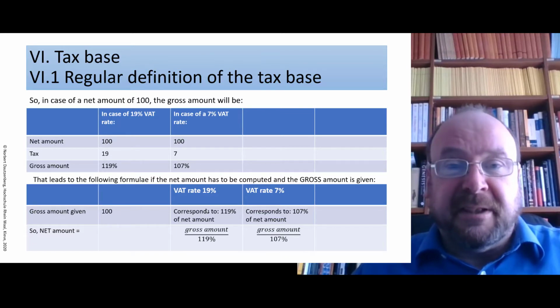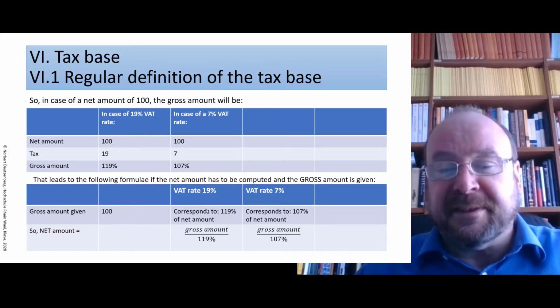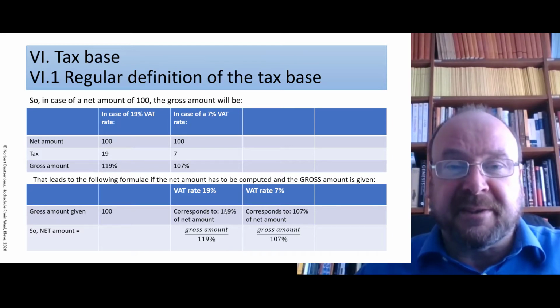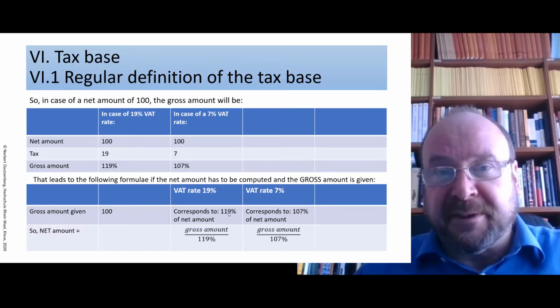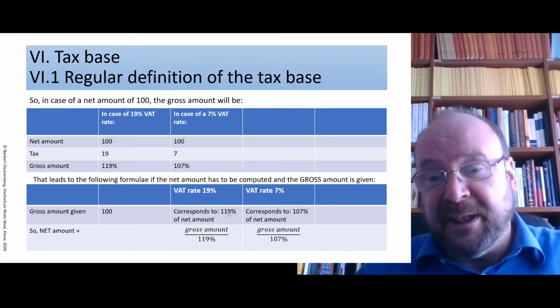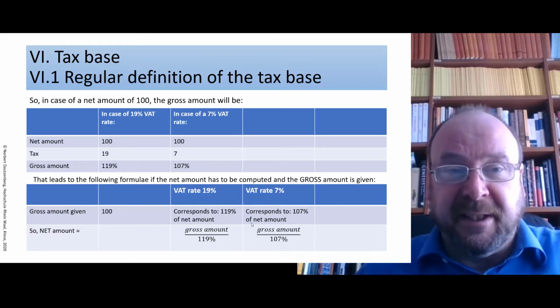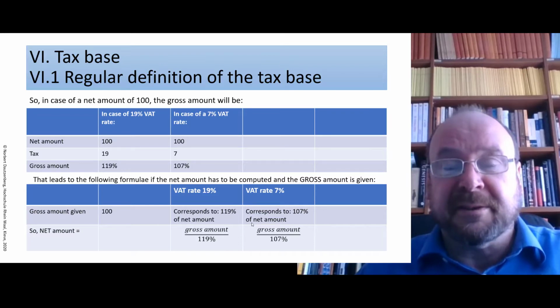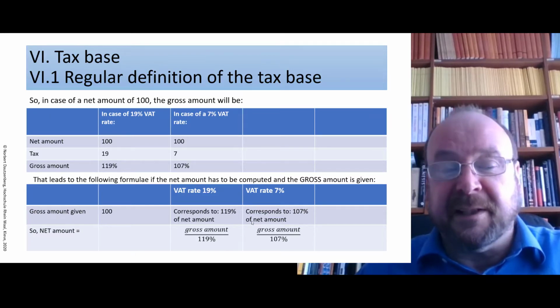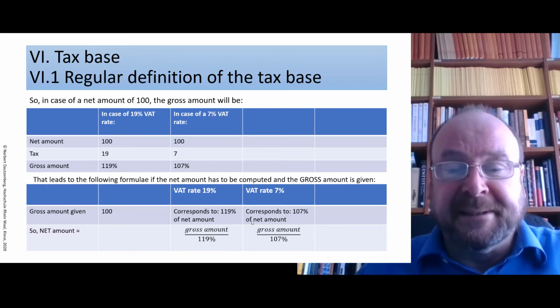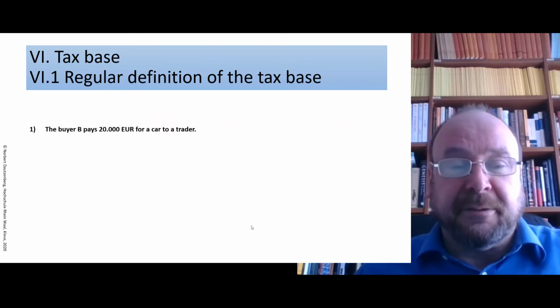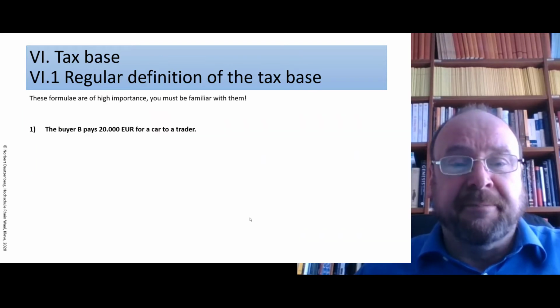Or if the VAT rate which is applicable is only 7%, then the gross amount which you know corresponds to 107% of the unknown net amount. So you just divide the gross amount by 107% and, miracle, surprise, you arrive at the unknown net amount. So that's how you deal with these problems.